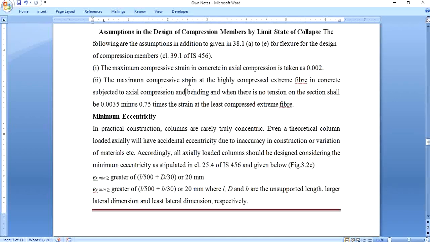The maximum compression strain at the highly compressed extreme fiber in concrete subjected to axial compression and bending, when there is no tension, is taken as 0.003 minus 0.75 times the strain at the least compressed extreme fiber. This is when the column is subjected to axial compression and bending, and the earlier value is when the column is only subjected to axial compression.